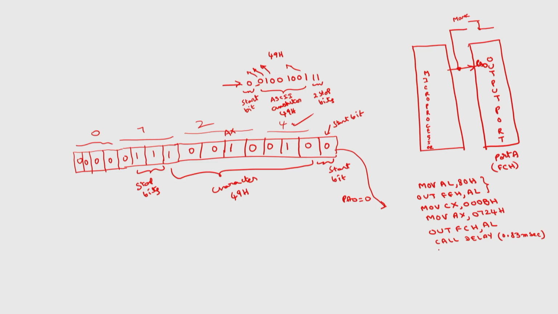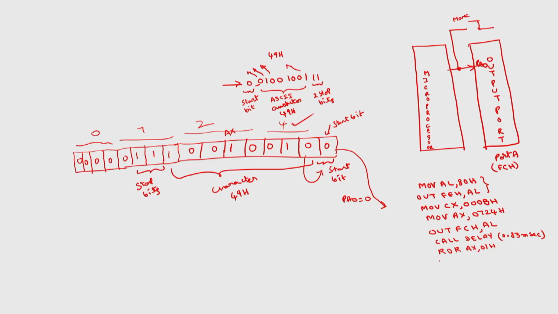Then what I will do is rotate AX to the right by 1 bit position. Now, what happens here? This 0 will come here after the rotation, that is the first bit of the character.